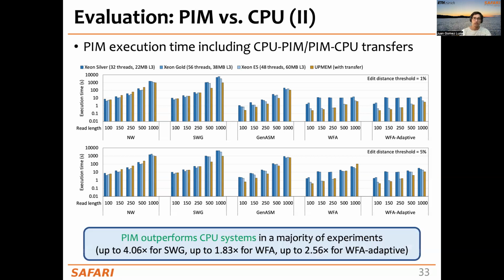The observation here is that the PIM system outperforms the 3 CPU systems in the majority of experiments, and we observe very interesting speedups, more than 4 times for Smith-Waterman-Gotoh, or 2.56 times for WFA-Adaptive. So this clearly shows the big promise of PIM systems for these sequence alignment algorithms.